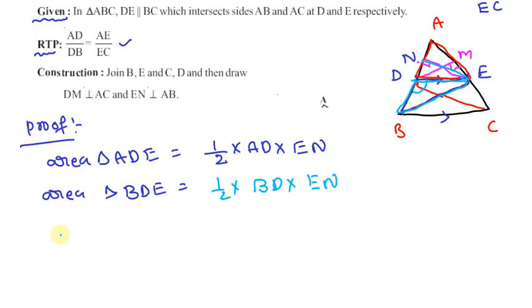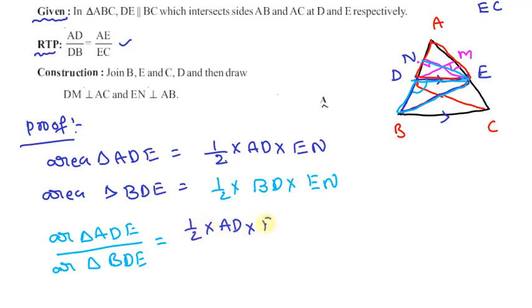Now I am going to take the ratio between these two, that means area of triangle ADE and area of triangle BDE. Area of triangle ADE is half into AD into EN. Then area of triangle BDE can be written as half into BD into EN. Now we can simplify it.